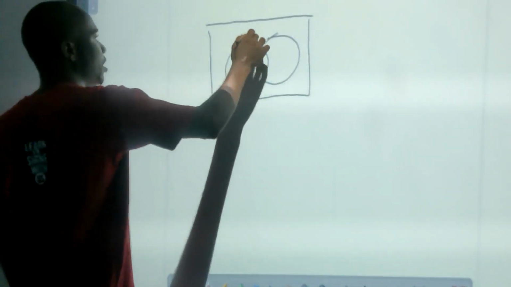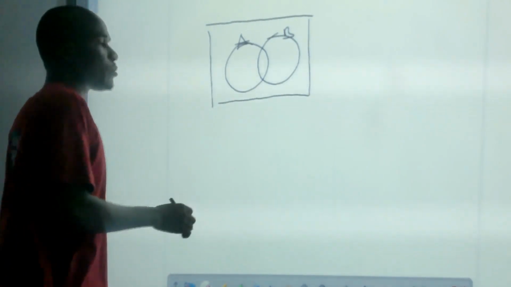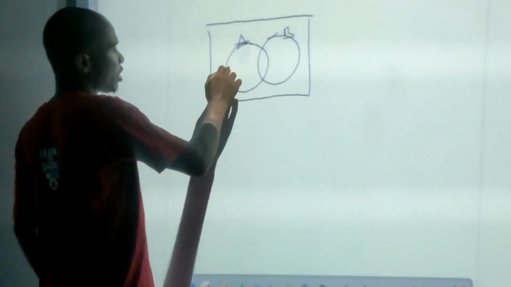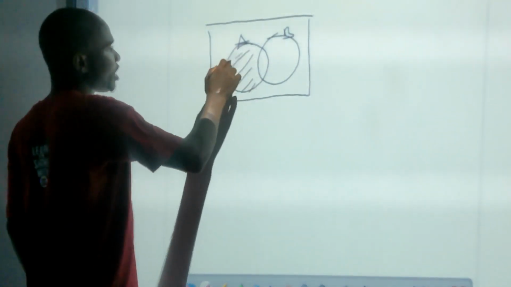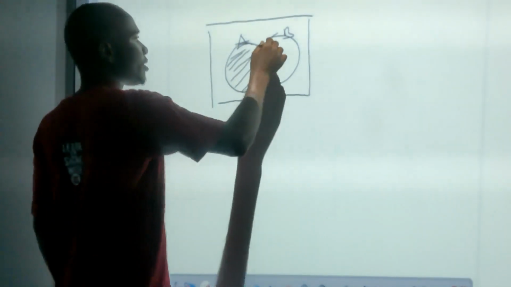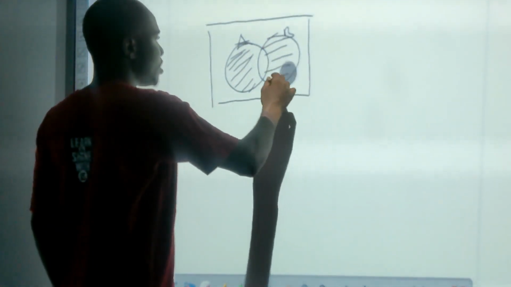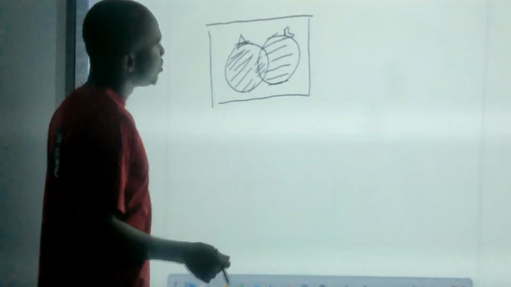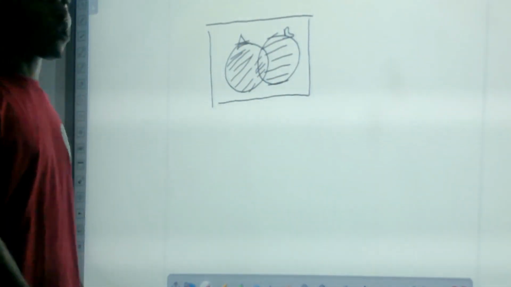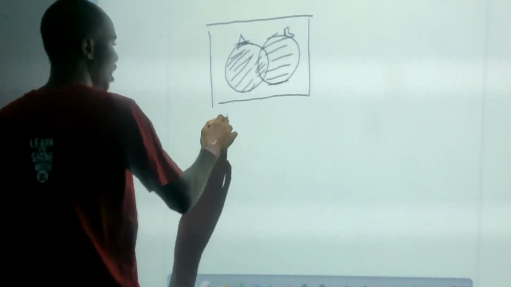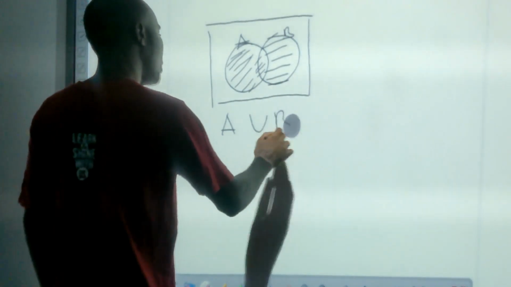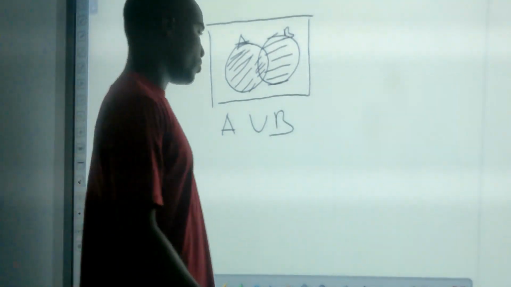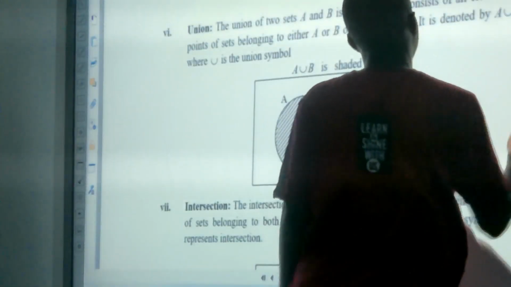This is set A and this is set B. If I define my union, this is A only, this is B only, and this is the overlap. Everything here is what we define as A union B. Is that okay? A union B.